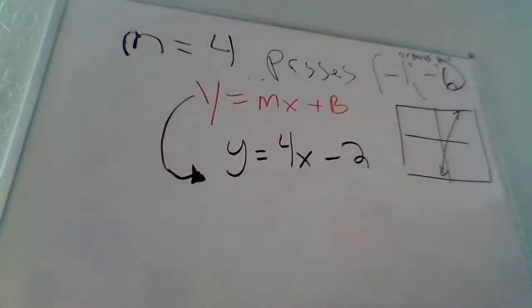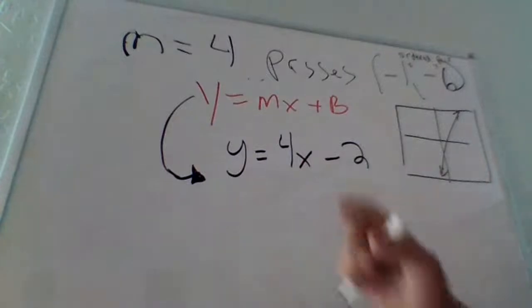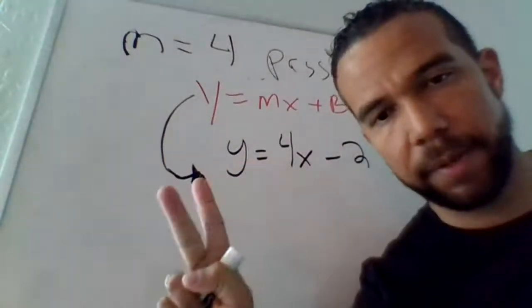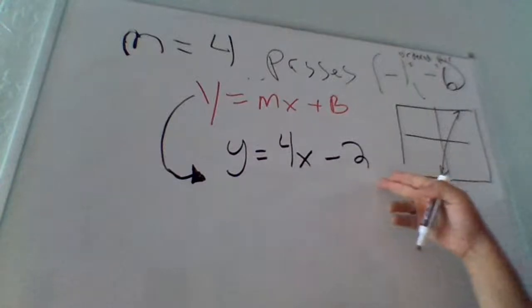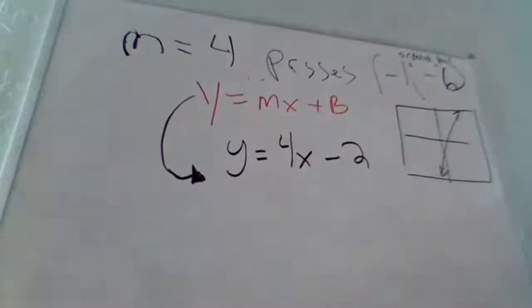So that's one way that we can take an ordered pair and the slope and combine it all to get slope intercept form. Questions about that? I don't think I could do it on my own. That's okay.